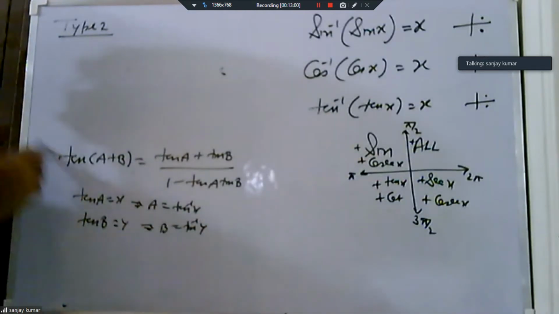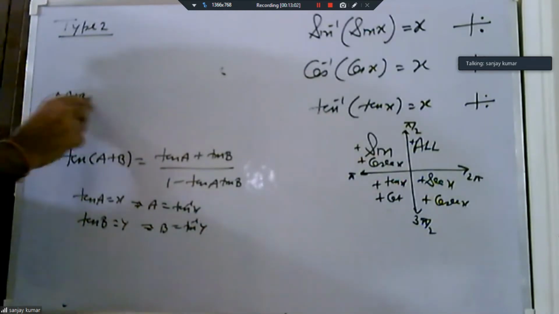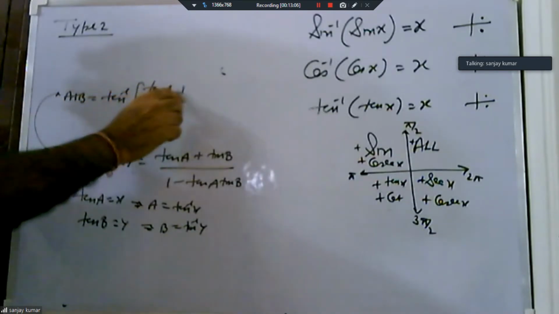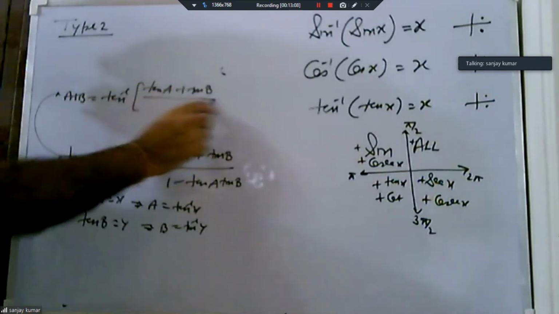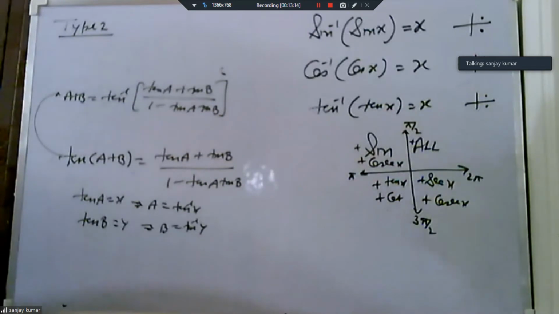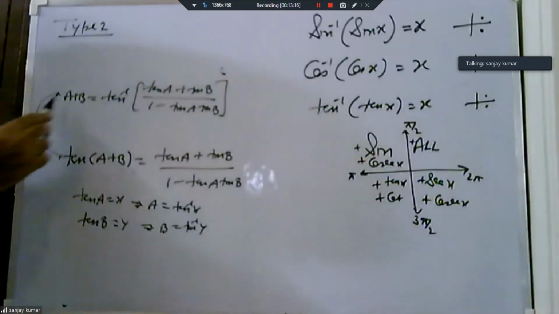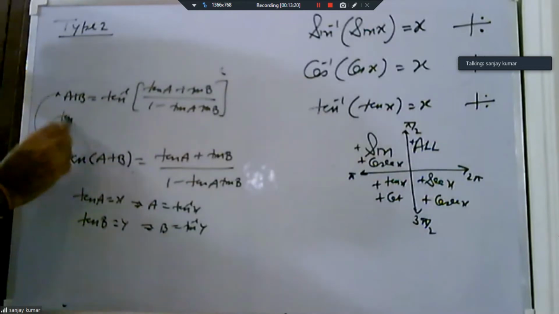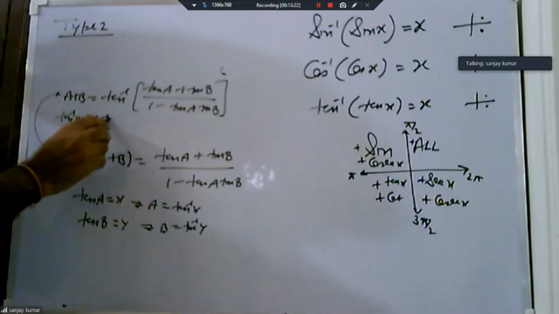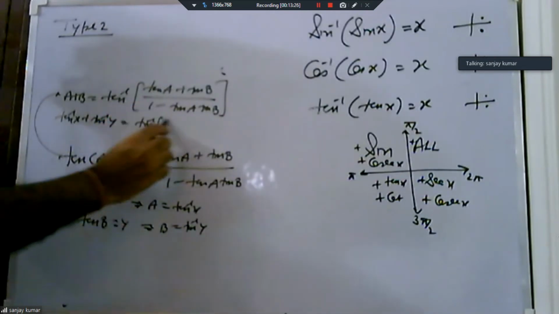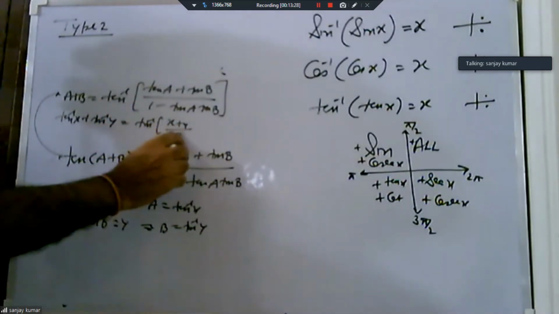Now if you want to find a plus b, that is tan inverse of tan a plus tan b upon 1 minus tan a tan b. Put the values: a is tan inverse of x, b is tan inverse of y. Now this is tan inverse of x plus y upon 1 minus xy.